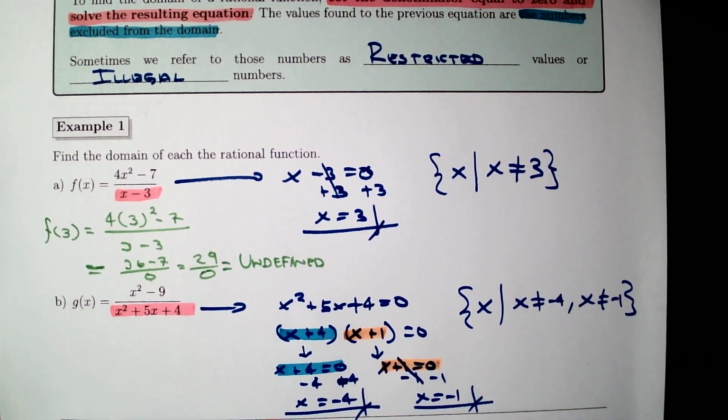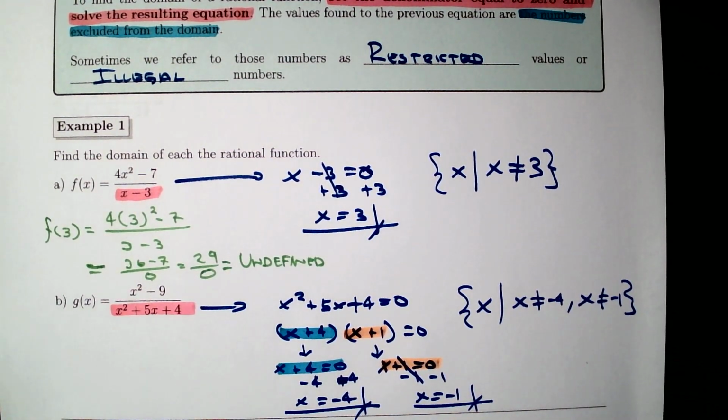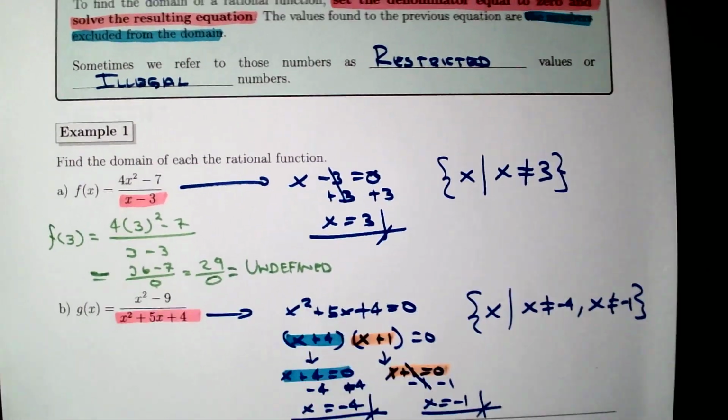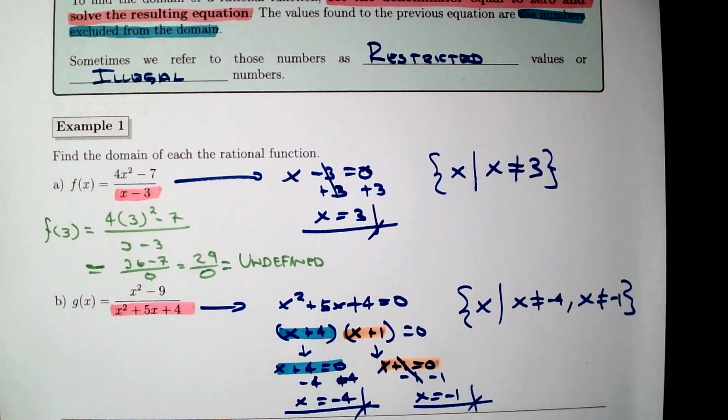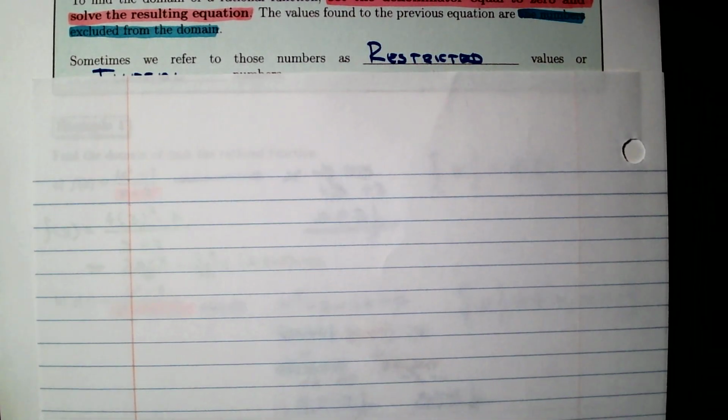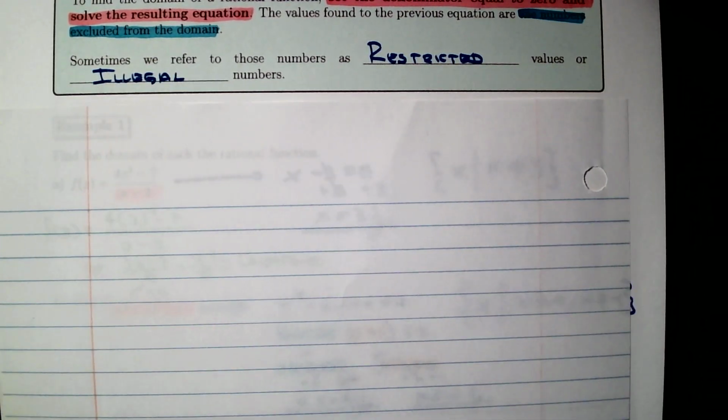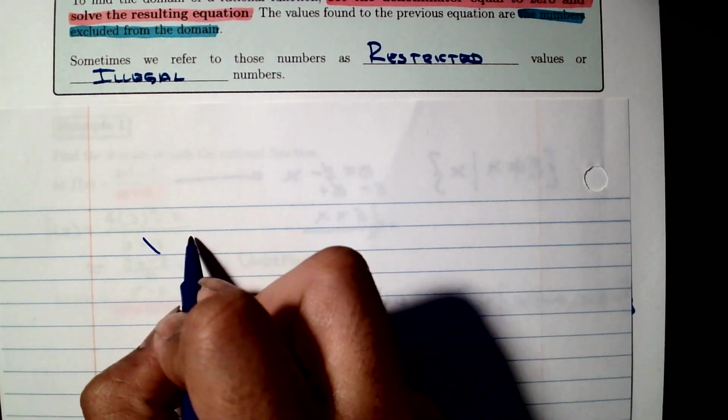Alright, to further explain the domain of a function, how does that work in certain situations? Let me give you another example. You might want to go back to the usual perspective of what a function is.